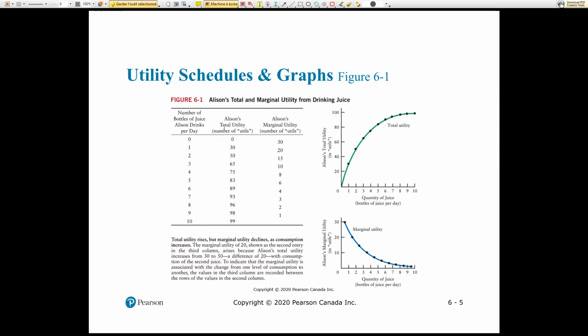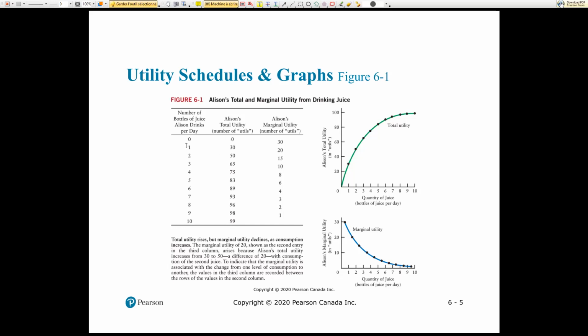We're going to see that Alison's total utility is 0 here if she consumes 0. Is it true? Well, we don't care about 0. You can add 10,000 to the 0. All that matters is that the utility is increasing with each extra drink that she gets. So the baseline is nobody knows.